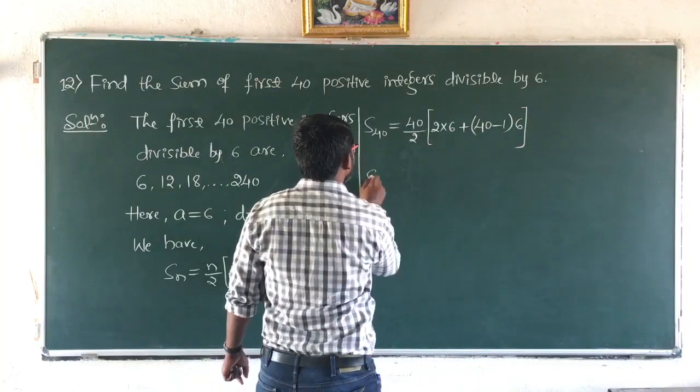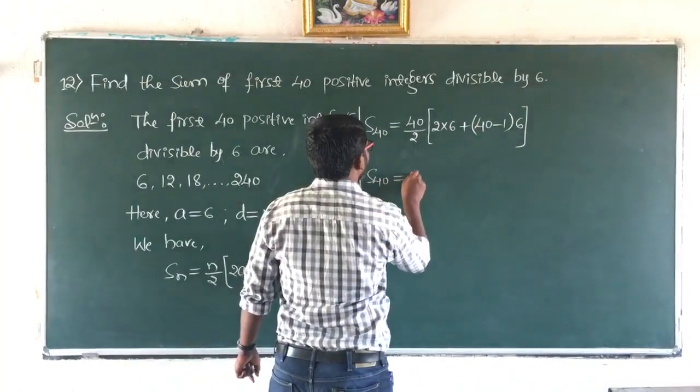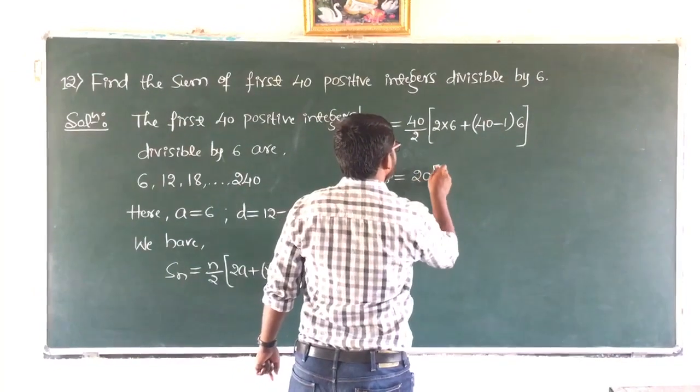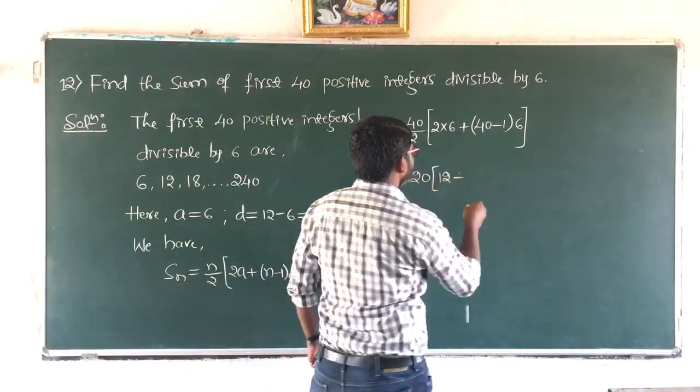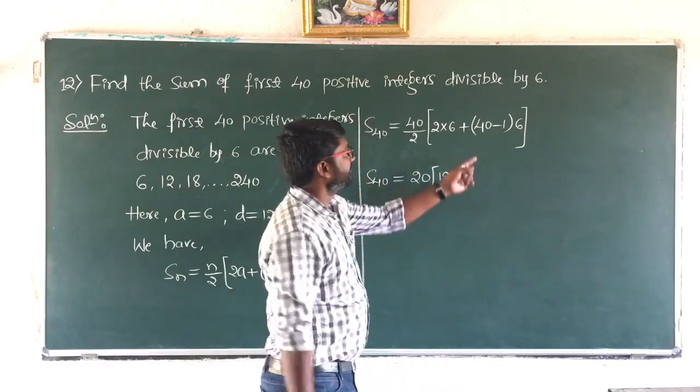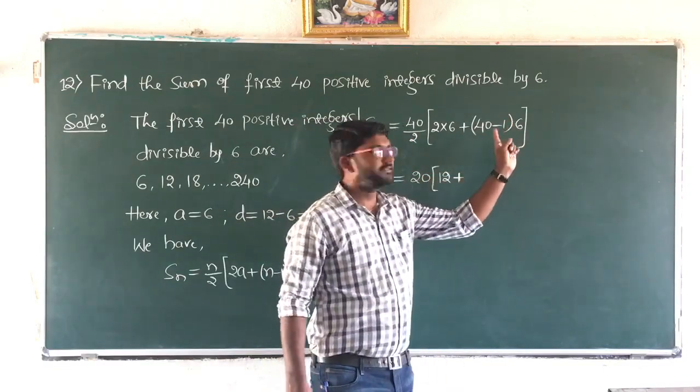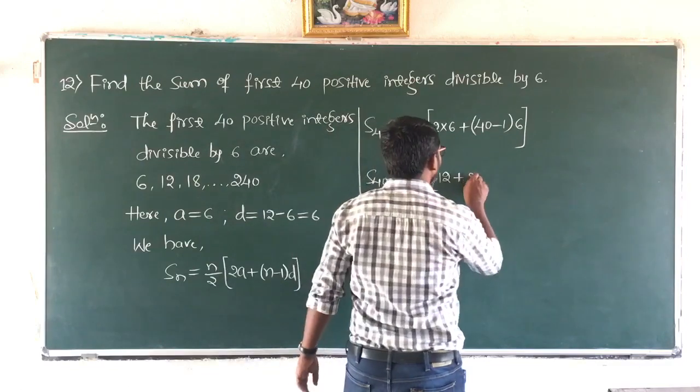So simplify this. S40 is equal to 40 by 2, which is 20. So here we get 12 plus 40 minus 1, which is 39. 39 into 6 is 234.